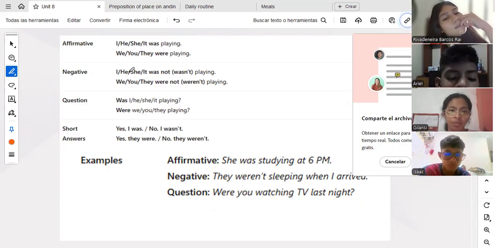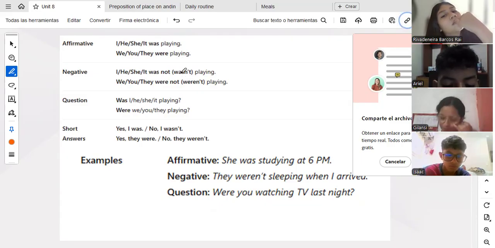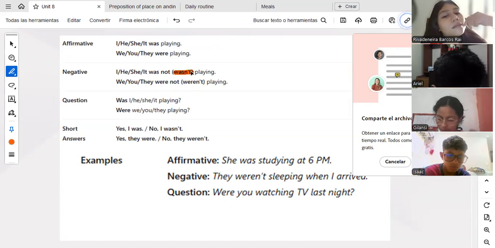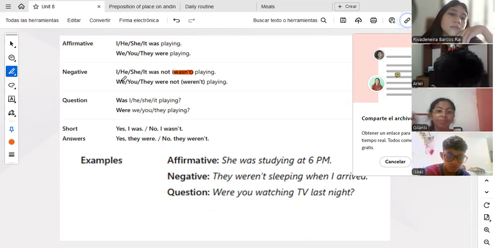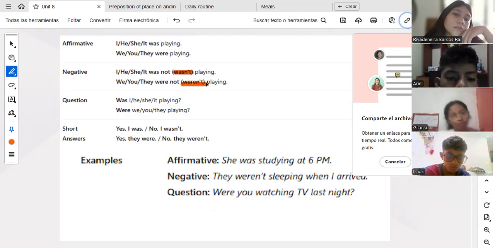She, he, it, whatever: was not or wasn't, right? This is the abbreviation. You can say was not, or more commonly wasn't. This is the most used. Both are correct, but the most used one is wasn't. And we, you, they: were not or weren't, right? Weren't playing. So far, so good, guys.